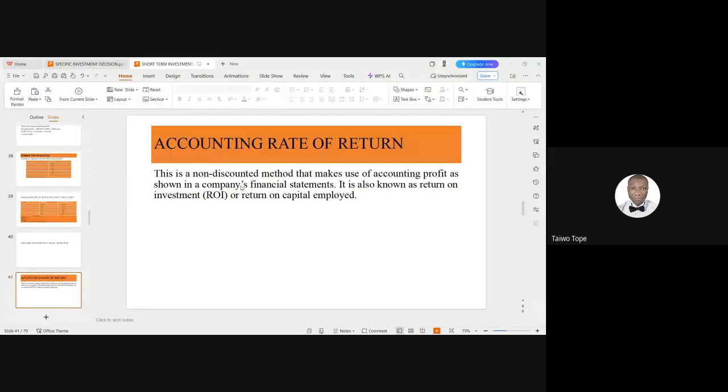Now, how do you calculate accounting rate of return? You can use a formula to calculate it. And what is this formula you are to use? You should have it here. You don't need to type again because of time.